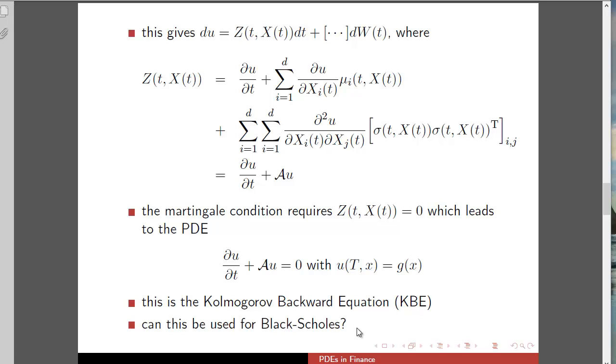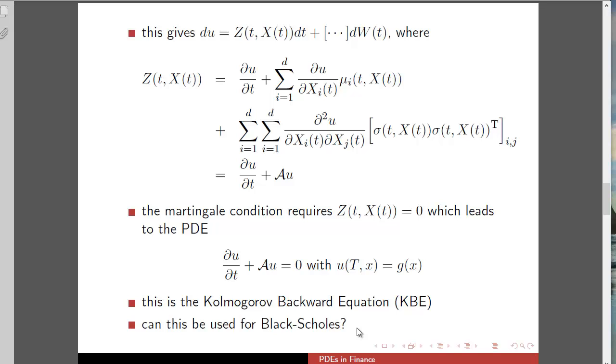So can this be used for the Black-Scholes? Well, not in general, but imagine the case when you have risk-free rate equal to 0, then you really have no discounting term in the expectation, and you would be able to use the KBE. So KBE can only be used in connection with Black-Scholes if you have a 0 risk-free rate.